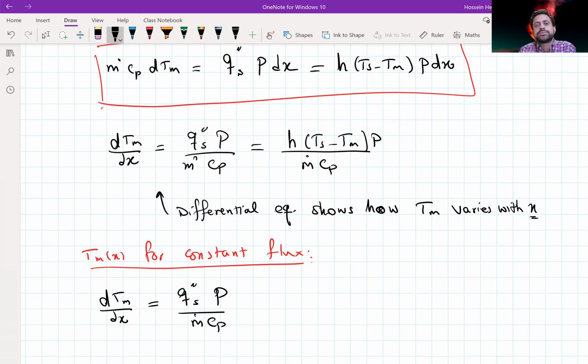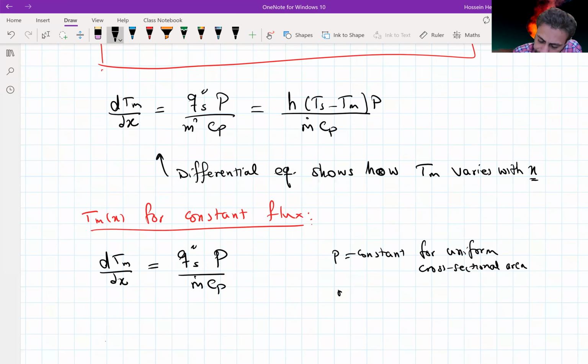P is the perimeter, and for a uniform cross-sectional area it is constant. M dot is the mass flow rate and it's always constant. And Cp, let's assume, is constant, or not really temperature dependent. The variation is very small.